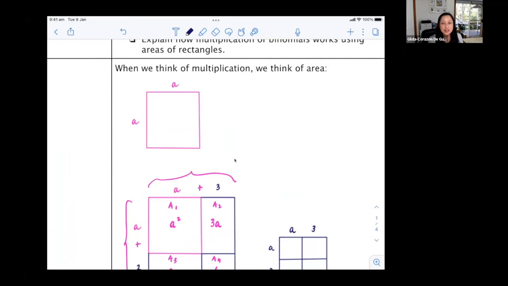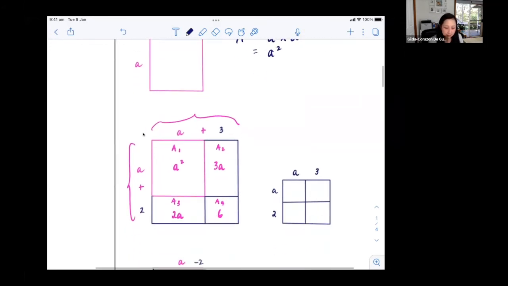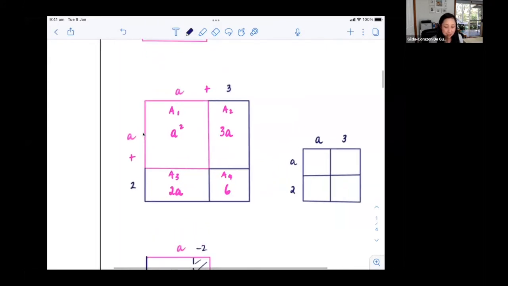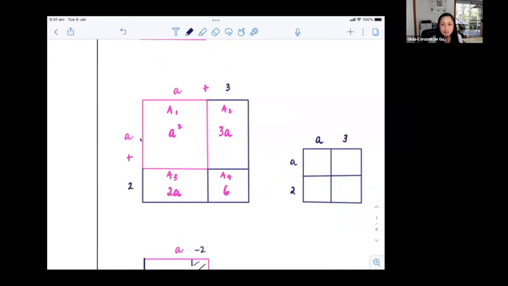Just like in learning any maths, we start with what we know, and then build from there. Just like this square here, we know it's a square because the length of this is equal to that length. If we figure out the area of that square, that's simply a times a, which is equal to a squared. Now, what if we still have that same square here, but we expanded that land?